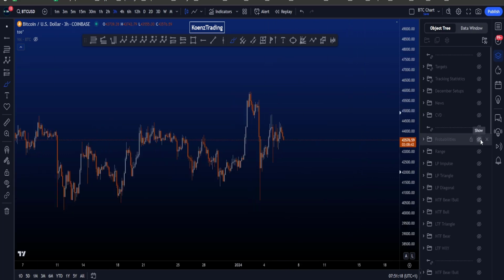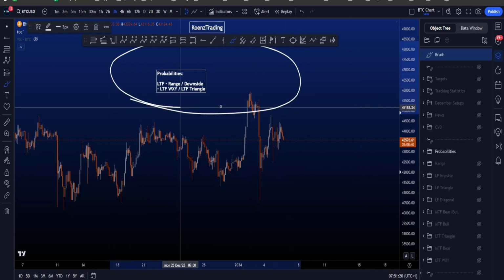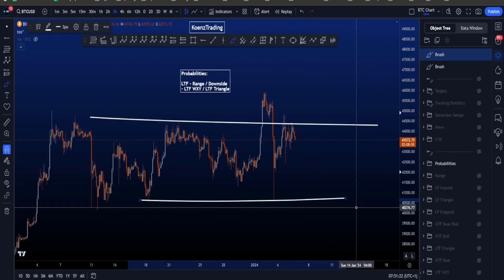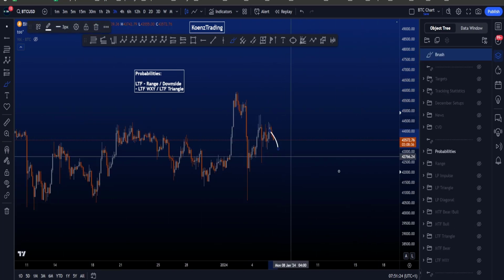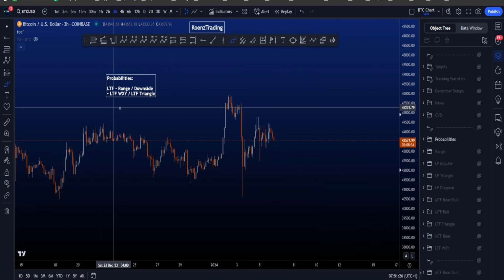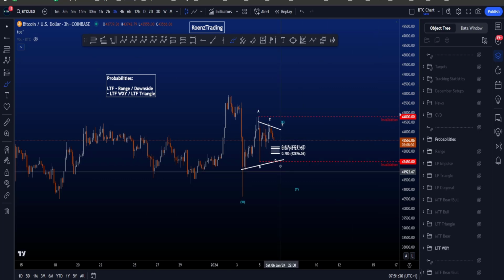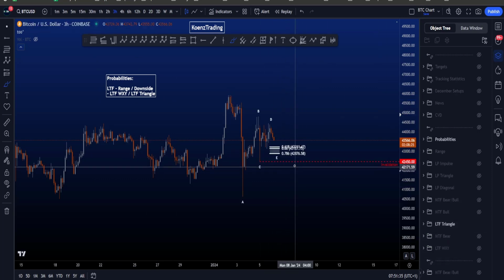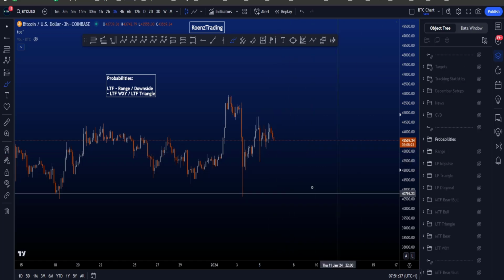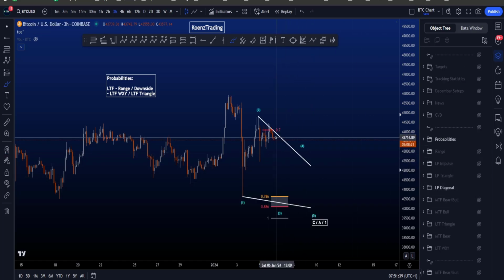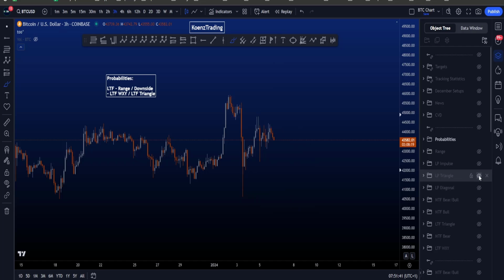So therefore, if we are looking at the probabilities of the different scenarios, then we are looking for a continuation of the range as well as a move to the downside, because we then have the probabilities here for a WXY or a triangle scenario where we are looking for price to move towards the downside in both of these. However, there is of course the potential also with these scenarios that we are going to visit lower prices, right?